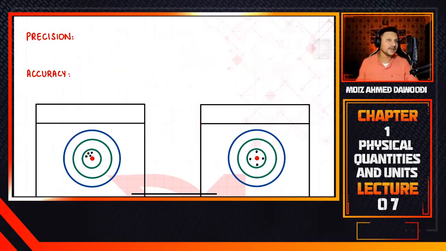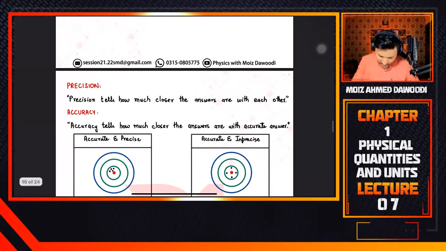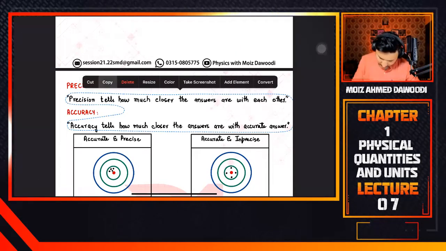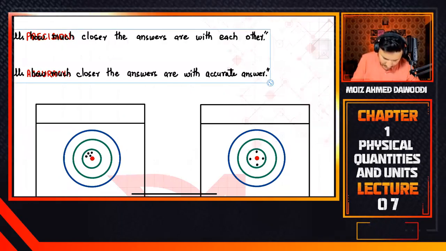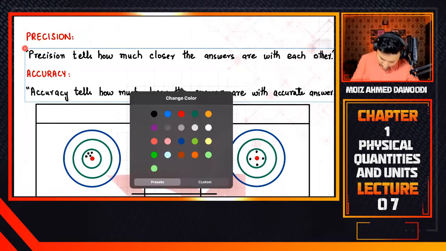Yeah, you can say that. Cool. So let's write down the definition. So precision tells how much closer are the points with each other, and accuracy is how much closer the points are with accurate answer.